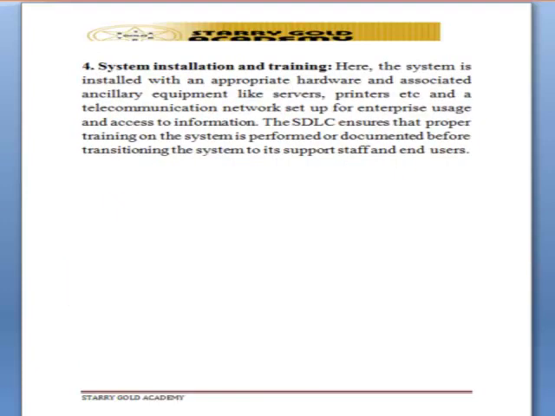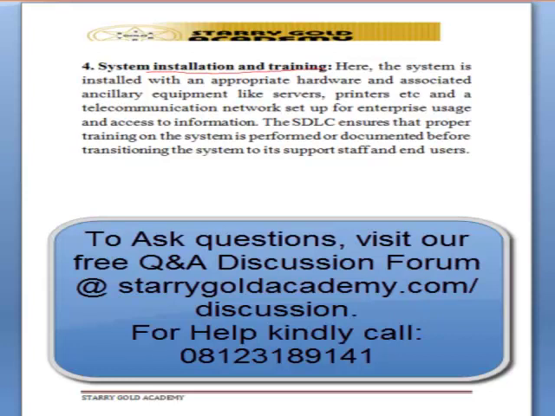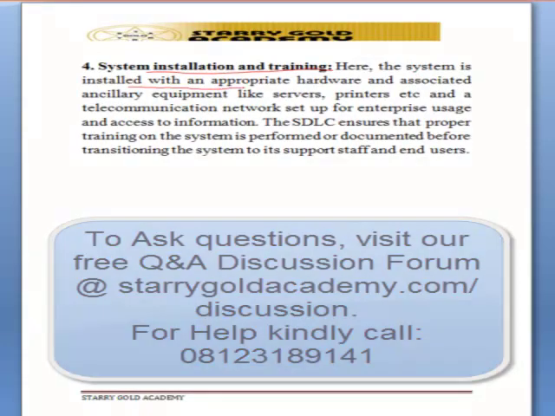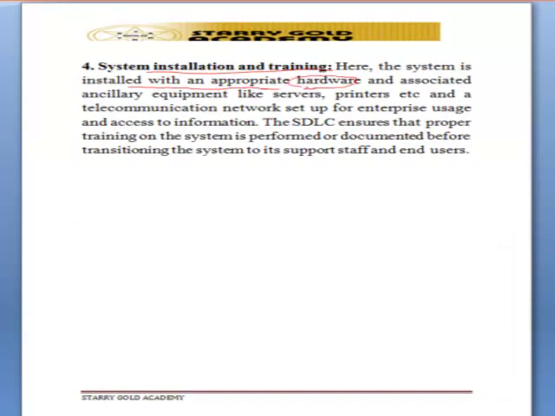Number 4, system installation and training. Here, the system is installed with appropriate hardware and associated ancillary equipment like servers, printers, and so on, and a telecommunication network is set up for enterprise usage and access to information.